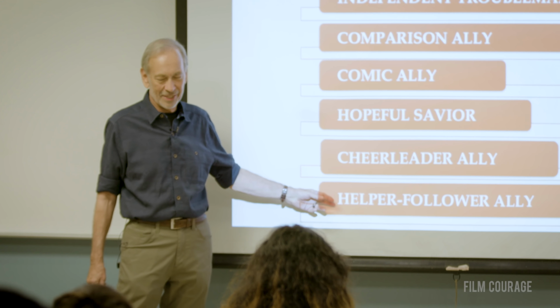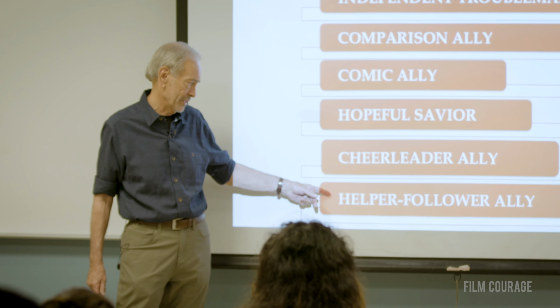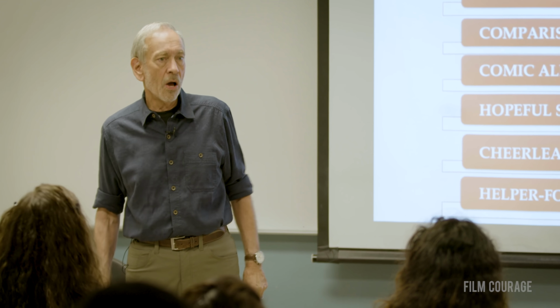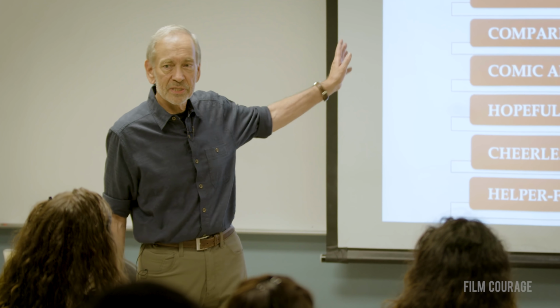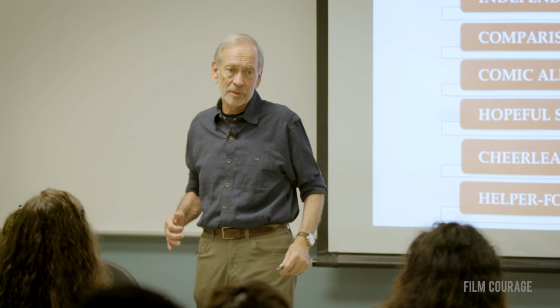And down here, it's not really last on the list in terms of importance at all. I don't know how it arrived down here. But the helper, follower, allies of the hero are people who do the same, but for the hero. Helper, followers, there's all kinds of different ones.